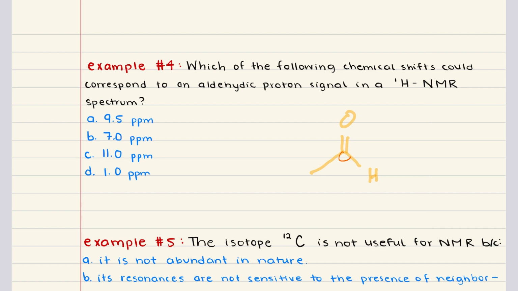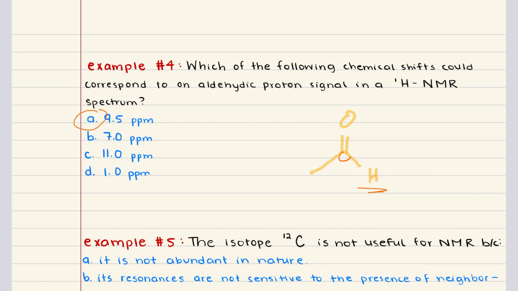And that carbonyl is very electron withdrawing, and it pulls electron density away from the hydrogen, which leaves it exposed to the magnetic field. As a result, this aldehyde proton shows up far downfield, usually around 9 to 10 ppm. Therefore, the correct answer is A.